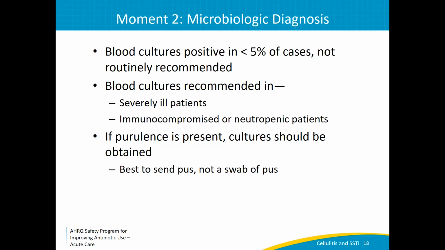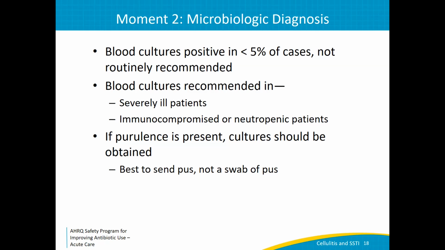If you have a resident like Harry, who actually has an area of their infection that's draining pus, it can be helpful to obtain a culture from that pus that's draining. So ideally, what should be done is an incision and drainage of the purulent area, and using a small syringe, collect a sample of the fluid to send it directly to the lab.